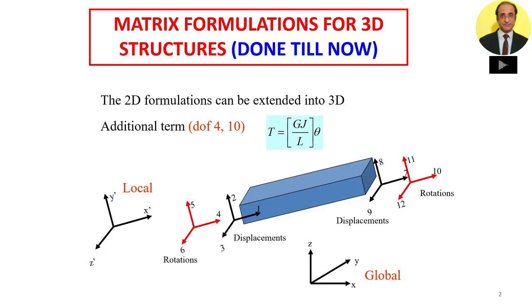All we have to do is consider 6 degrees of freedom now at each joint, 3 rotations and 3 translations. So the stiffness matrix is now 12 by 12 for each member. We introduce the additional term involving torsion, and also we have to take care of Iy and Iz depending on the plane of the bending.